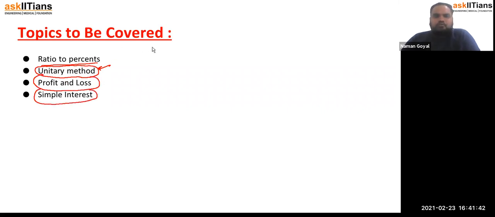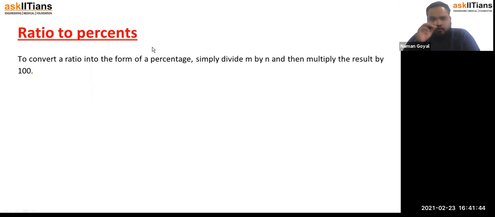So first of all, we are going to learn how we convert ratios to percent. To convert a ratio into the form of percent, simply divide m by n, then multiply the result by 100.